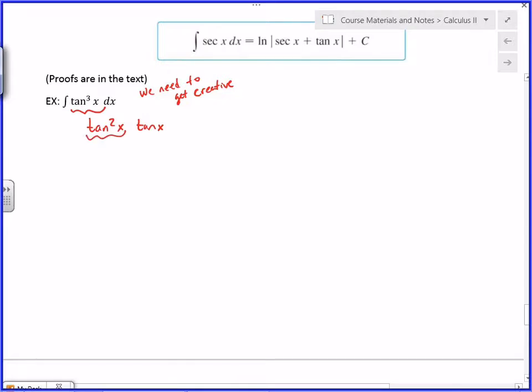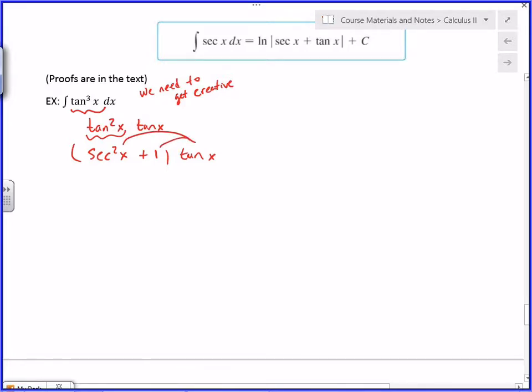This right here, I would write as secant squared of x minus 1 times tangent of x. Right, that's that identity that says tangent squared can be written as secants. And then I distribute this.